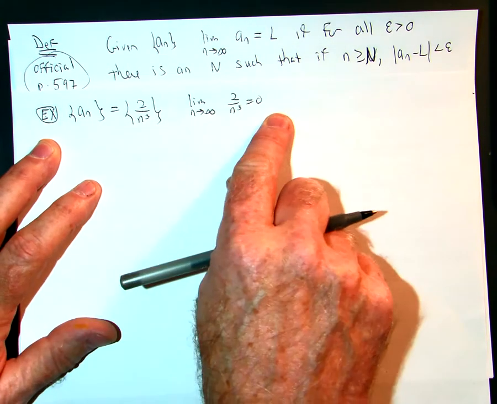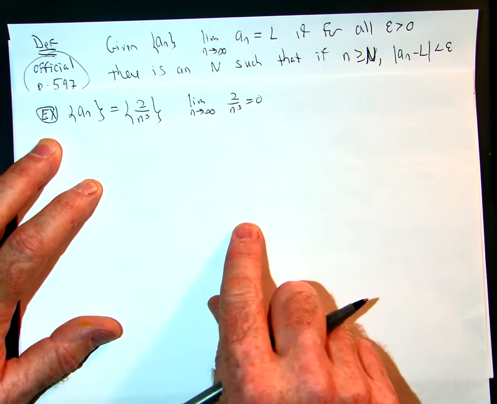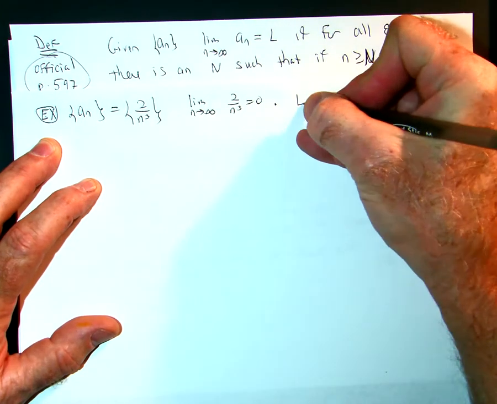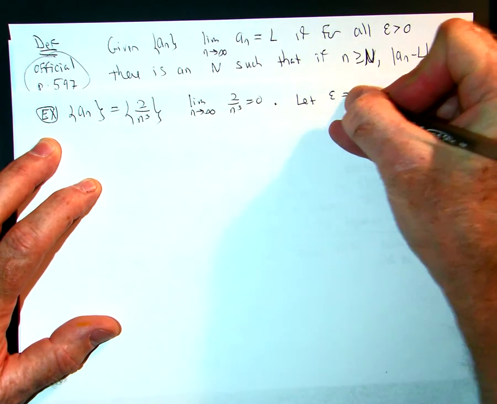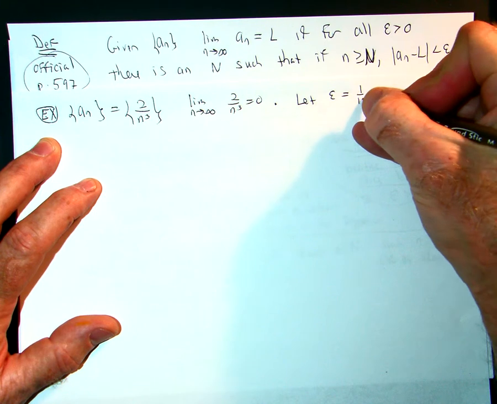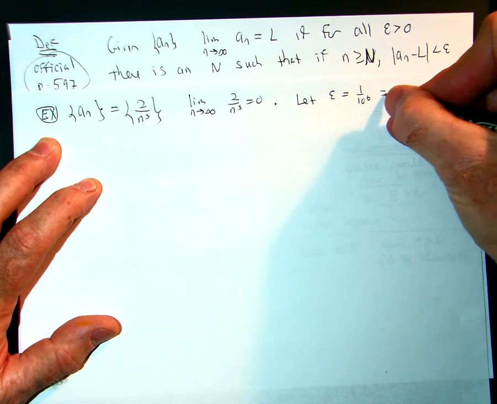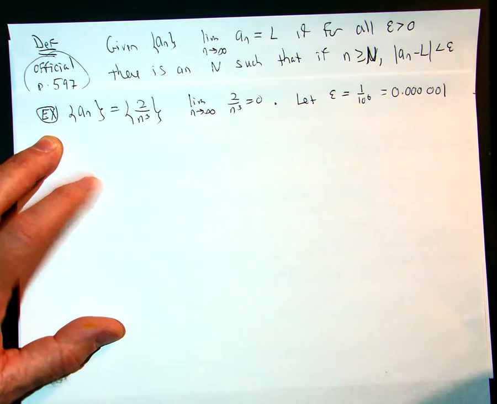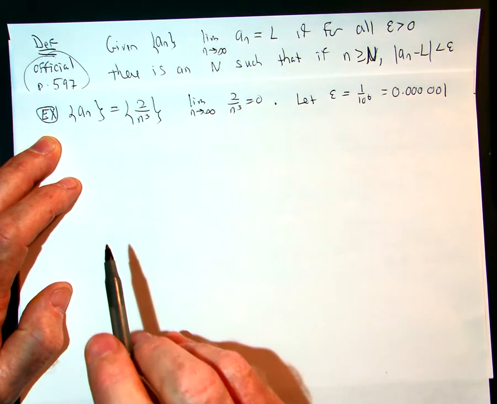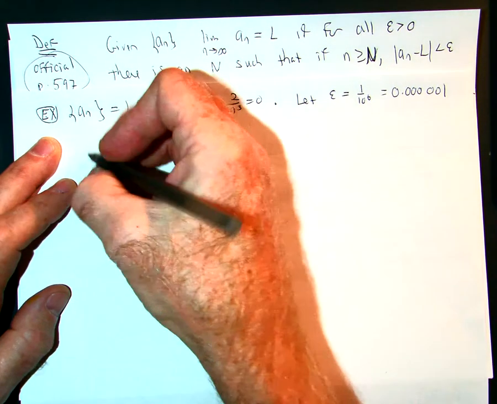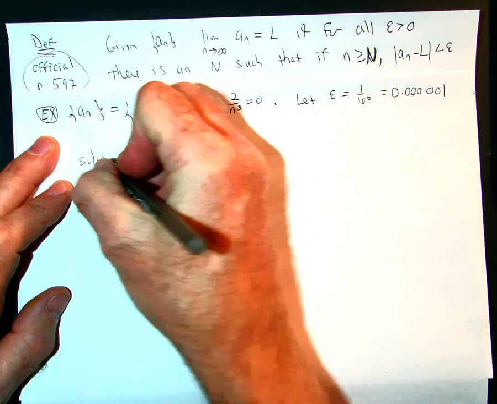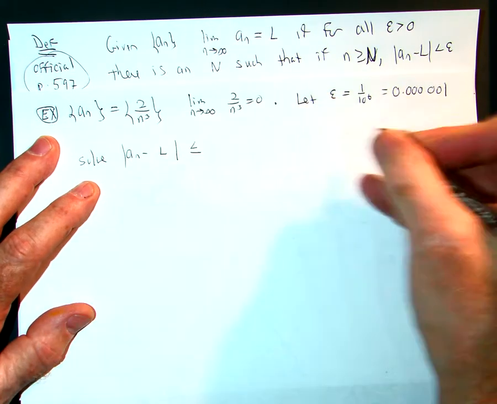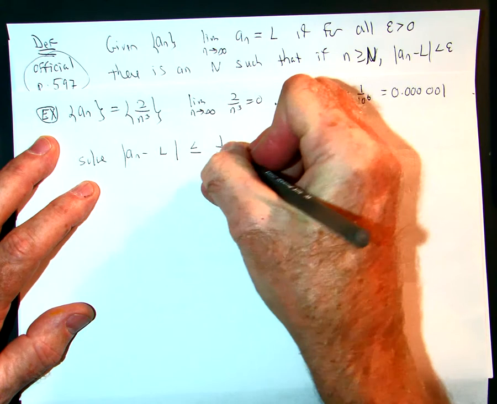So I'm going to illustrate this definition with this example. We know this limit, 2 over n cubed, is going to be equal to 0. So the way you start out is you let epsilon be a very small number. I'm going to let epsilon equal 1 over 10 to the 6, my favorite very small number. Okay, I need to find this capital N where this is true. So I'm going to solve |a_n - L| less than 1 over 10 to the 6.